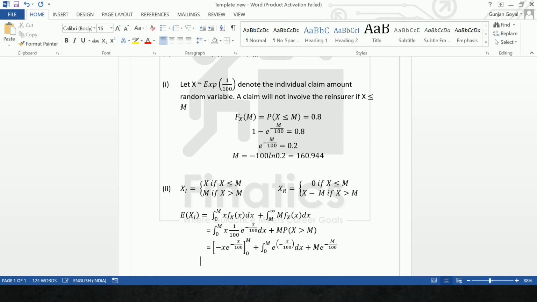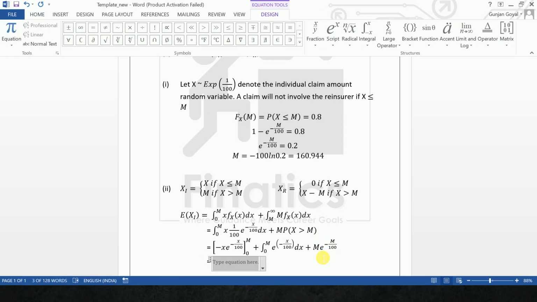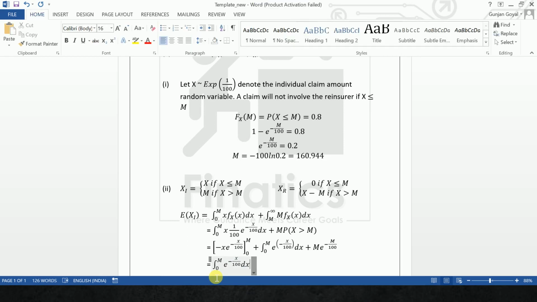We come down, tab, equal to, alt equal to, and we are again in the equation. So the bracket from 0 to M of minus x e to the power minus x by 100 plus M e to the power minus M by 100. Now we'll solve this by breaking it. This becomes the integral from 0 to M of e to the power minus x by 100 dx. This is what we are remaining with.